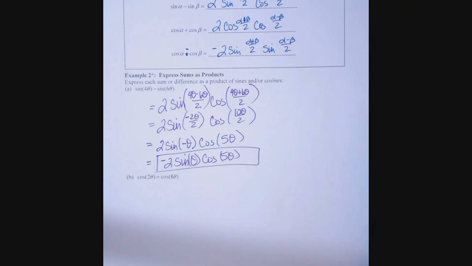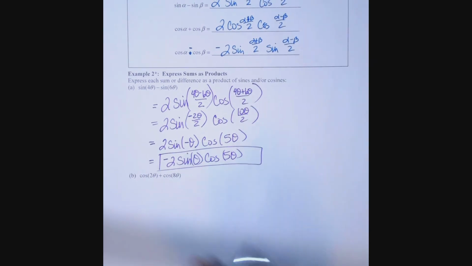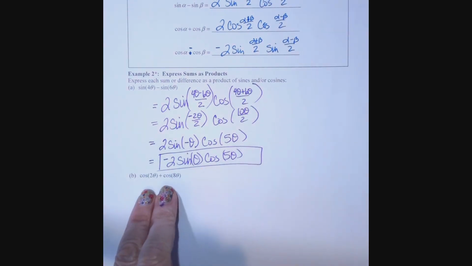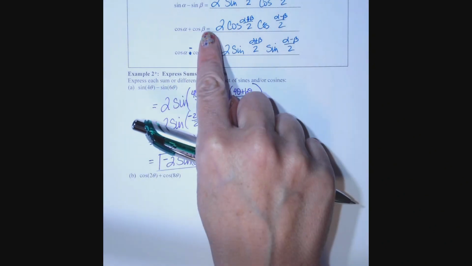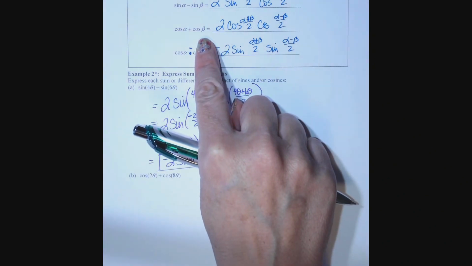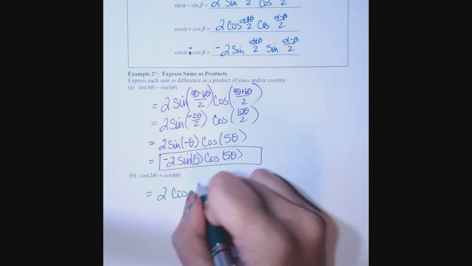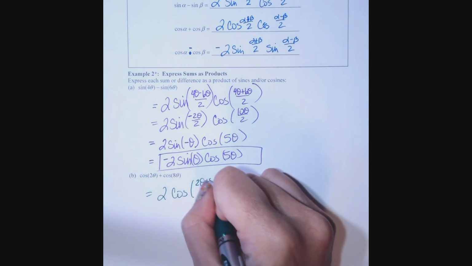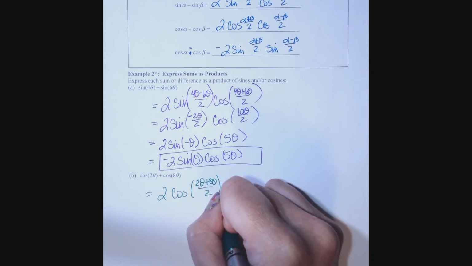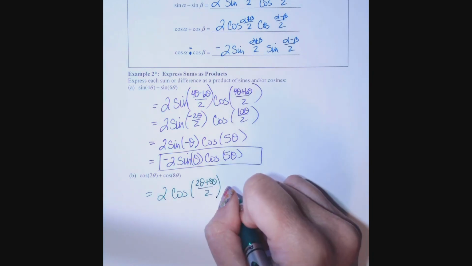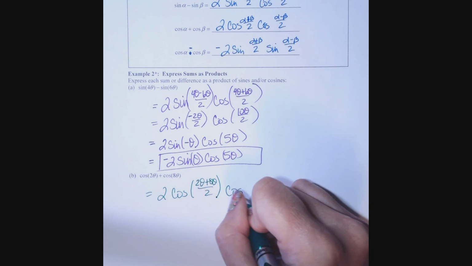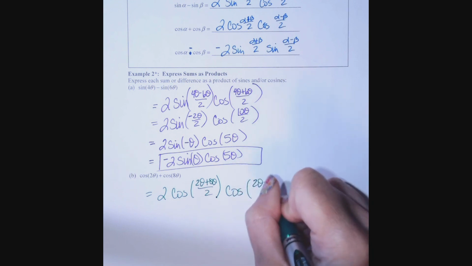All right, this was a short and sweet section. We've got one more to do where we are adding the cosine functions of 2 different angles. That is our third in the list here. So I have 2 times the cosine of half the sum, times the cosine of half the difference.